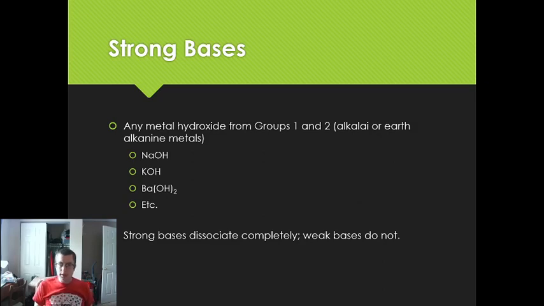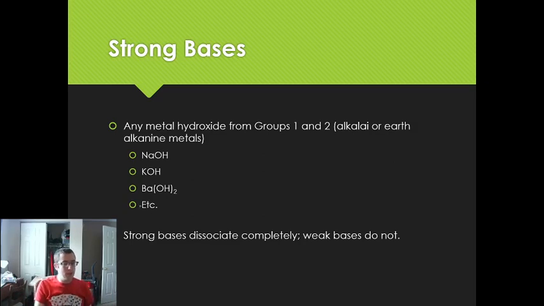And just like strong acids and weak acids, it's based on what they do when they dissolve. Strong bases are going to completely dissociate. So if we look under a microscope at, let's say, NaOH, sodium hydroxide, I am only going to see Na pluses and OH minuses floating around. I am never going to see any NaOH stuck together down there.